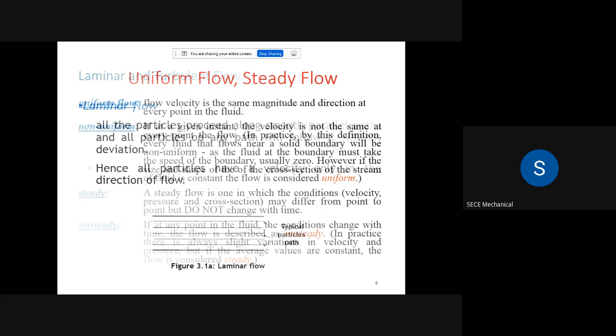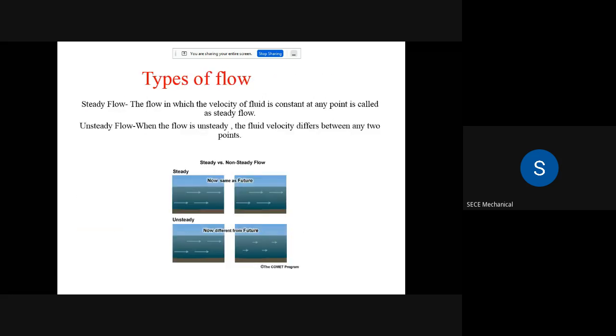Say for example, now let me touch upon steady flow, right? A steady flow is a flow in which the velocity of fluid is constant at any point. Whichever point you touch, at one particular point you see some velocity v1, and at another point velocity v2, and both the velocities v1 and v2 will be the same.